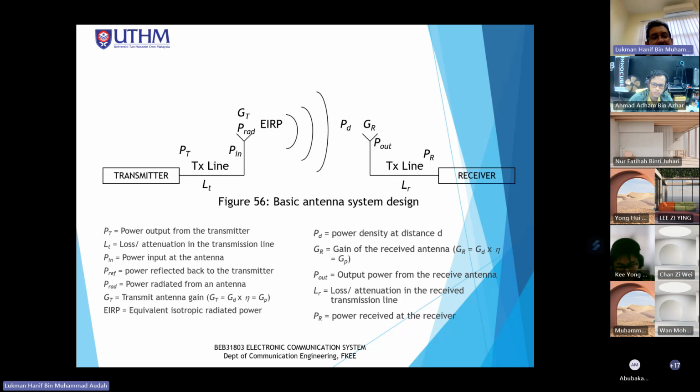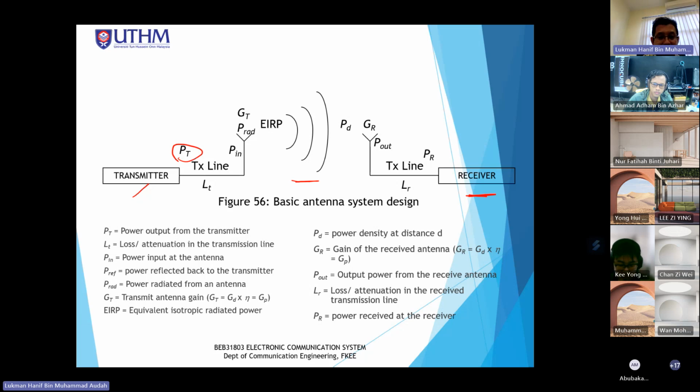So you see that we have the transmitter, the channel, and the receiver. At the transmitter side, the power produced by the transmitter is what we call PT, the output power of the transmitter.